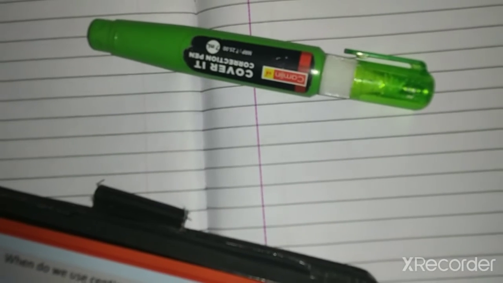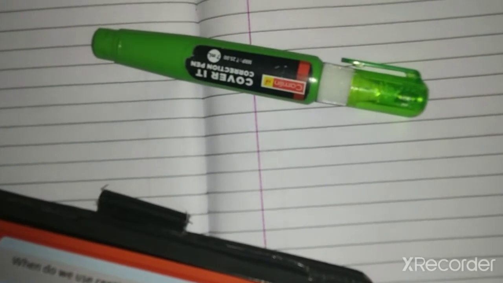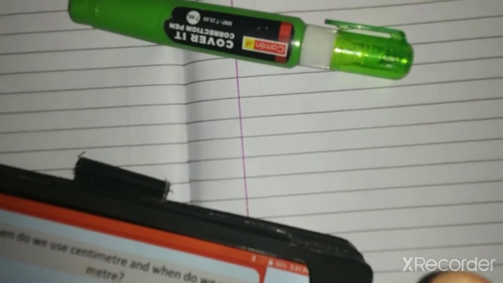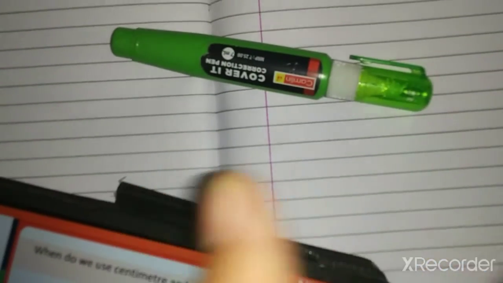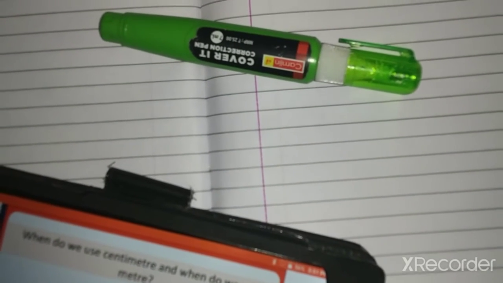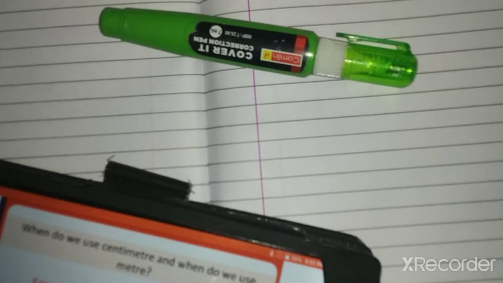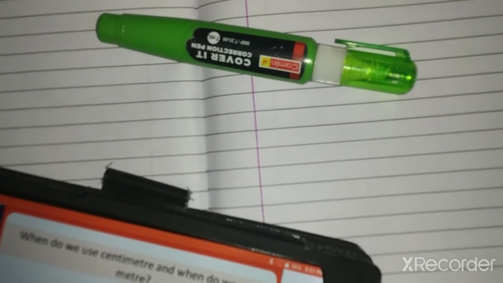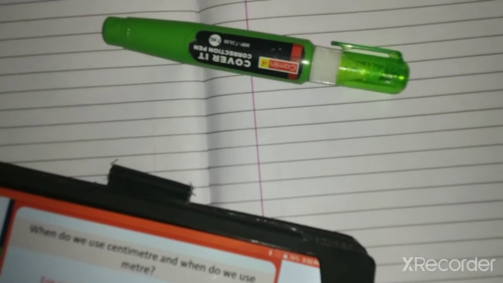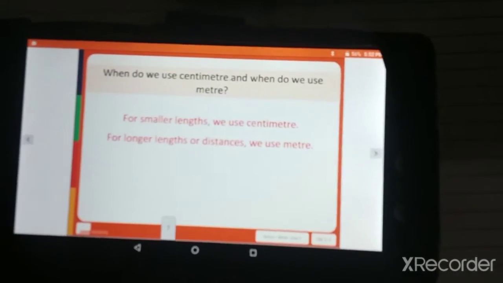But when we find some distance, at that time we'll use meter. Got it? When the length is long, we use meter, and when the length is small, we use centimeter. Got it? Okay.